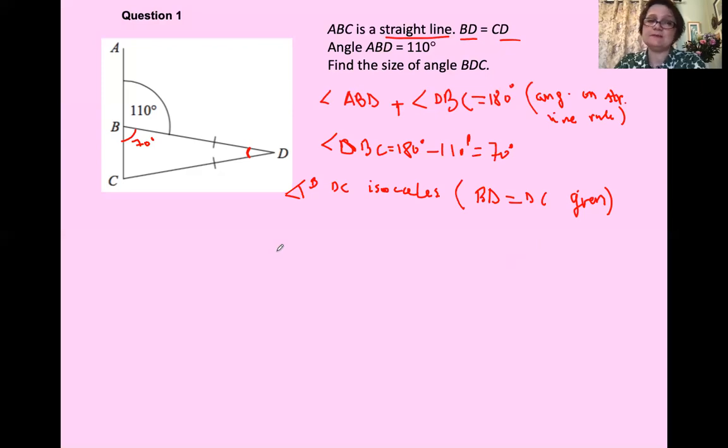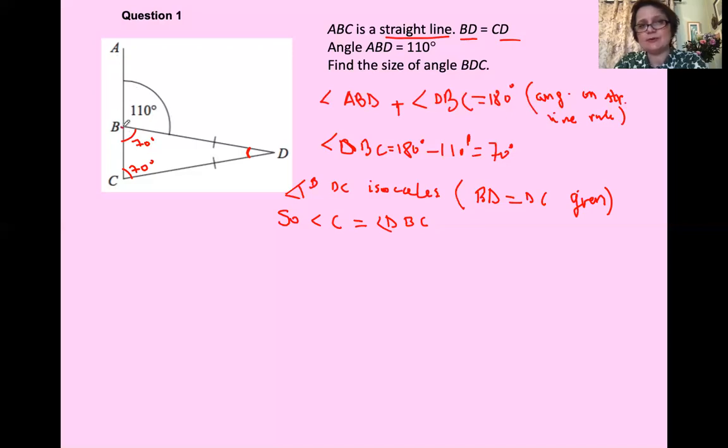And so because the triangle BDC is an isosceles triangle, what does this mean? It means that the angles at the base or at the bottom of both equal sides are equal. So angle C here is 70 degrees as well. And then you say, so angle C equals angle DBC. Now I'm labeling this as DBC because I have another angle that comes out of this point here as angle ABD.